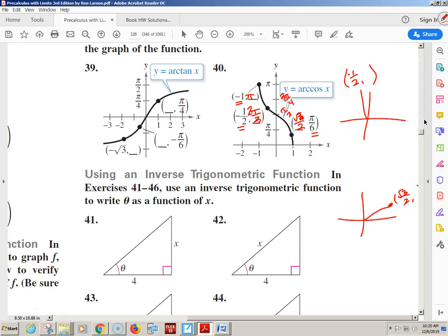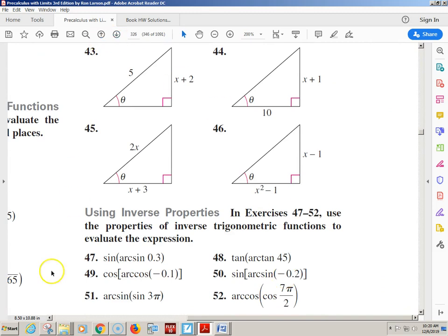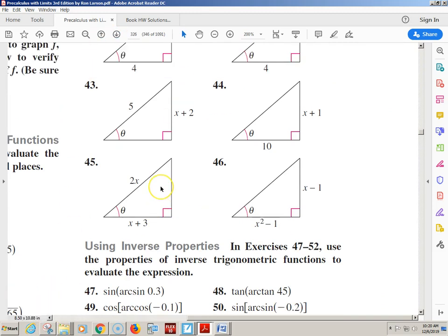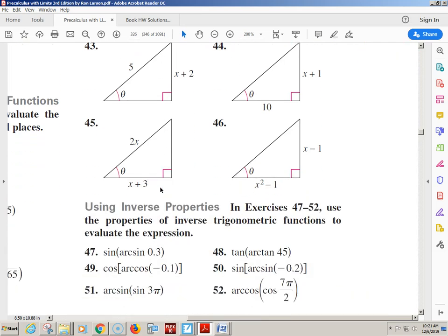And then number 45, I think, Griffin, that's the triangle one, right? It gives us all kinds of x's, which are kind of weird. In this one, I think we're just trying to solve for theta as a function of x. In all of these, the key is what sides did they label? This is the adjacent, and this is the hypotenuse. So what trig function uses hypotenuse and adjacent? Secant. Yeah, please, cosine. So much easier.